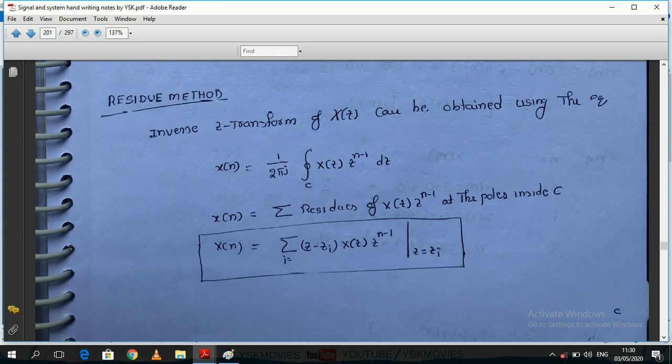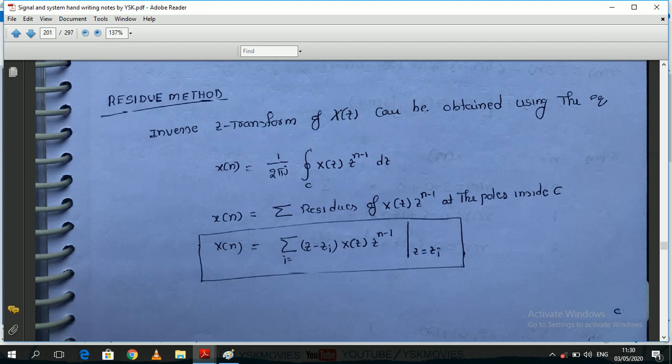The residue method is nothing but, explaining this derivation is difficult to understand, but by solving problems you will understand clearly. The inverse Z transform of X of z can be obtained by using the sequence x of n equal to 1 by 2 pi j, a circular integral, of X of z z power n minus 1 dz.